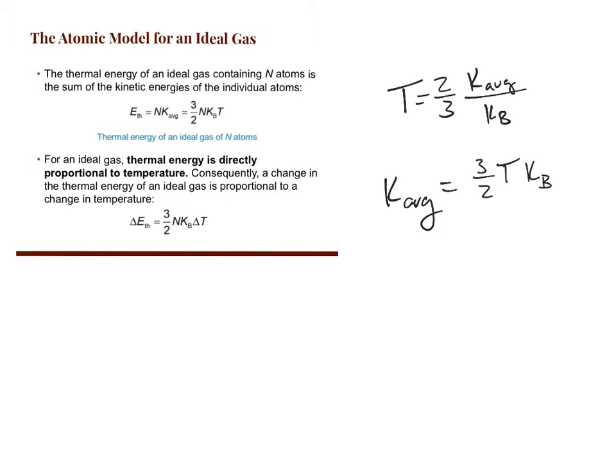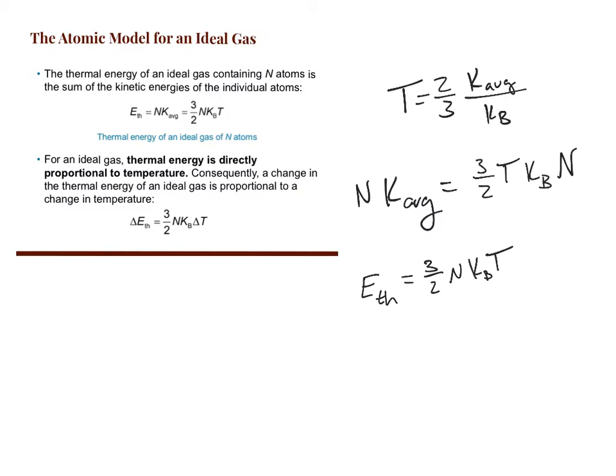And that was the average kinetic energy for one molecule, or one atom. So if we wanted to find the total thermal energy of a gas, you would multiply this by the number of atoms or molecules. So that would give you that the total energy is 3/2 N times the Boltzmann constant times temperature.